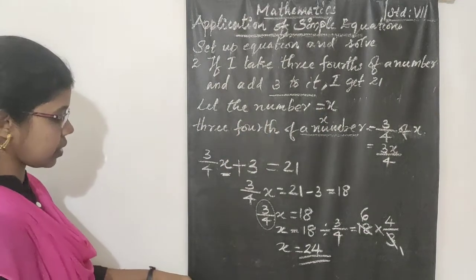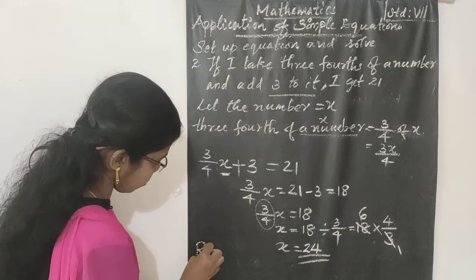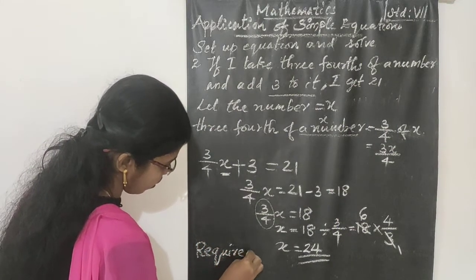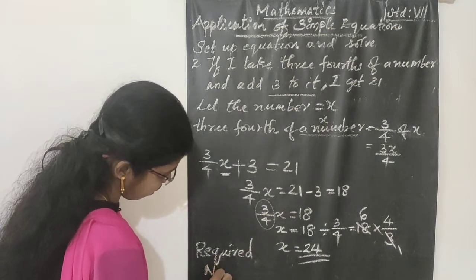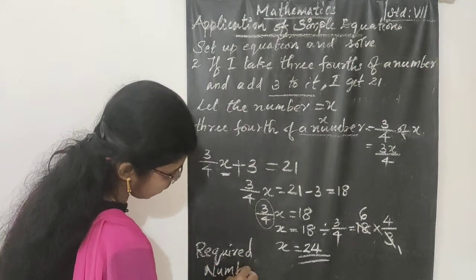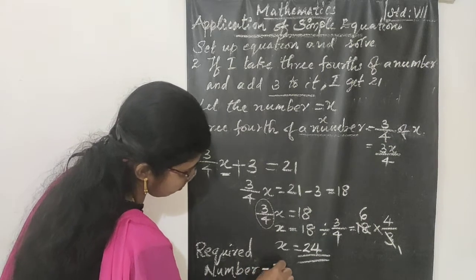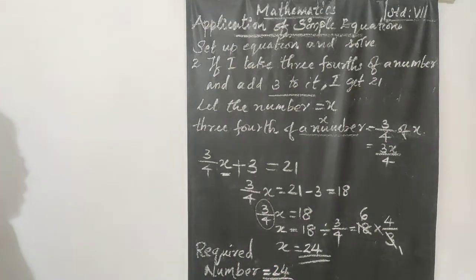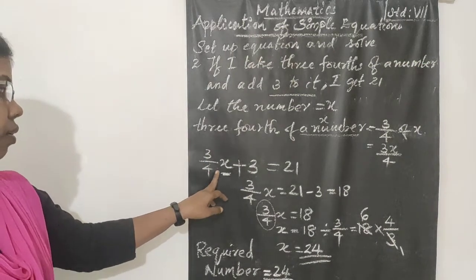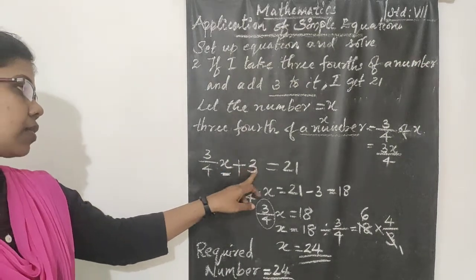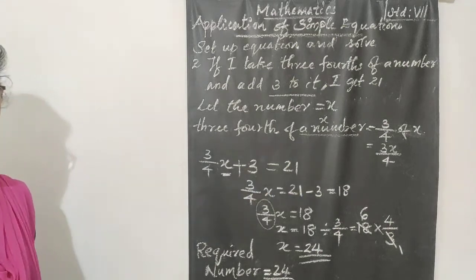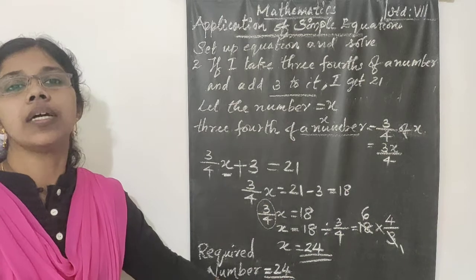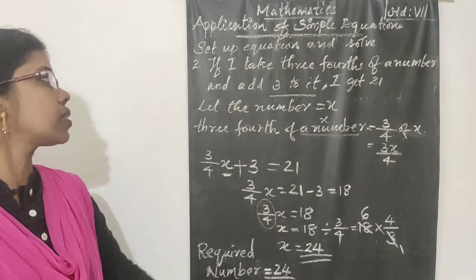The required number is equal to 24. It is 3/4 of 24 plus 3 equal to 21. This is the answer. That number is equal to 24. All of you clear this question?